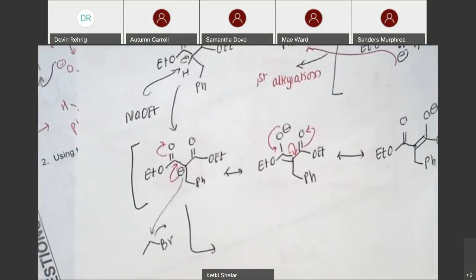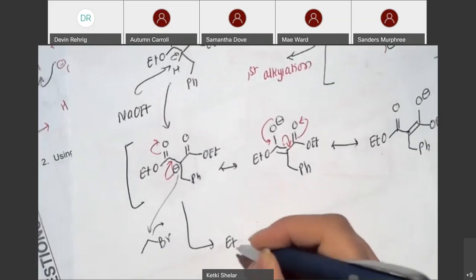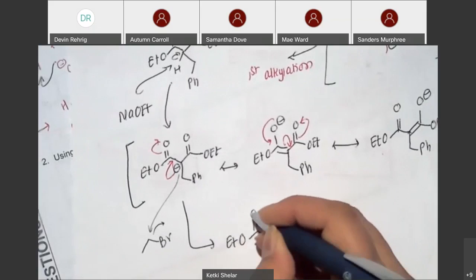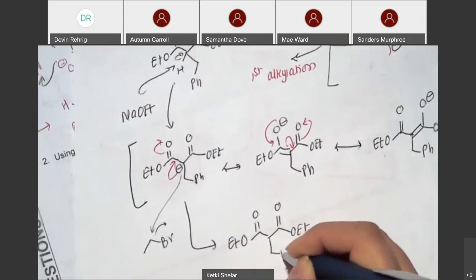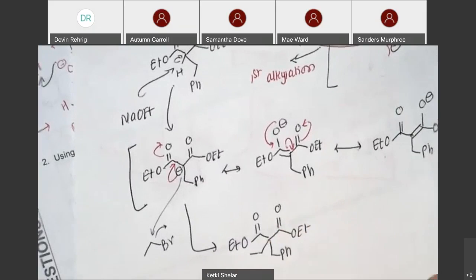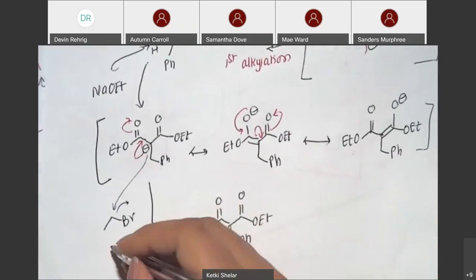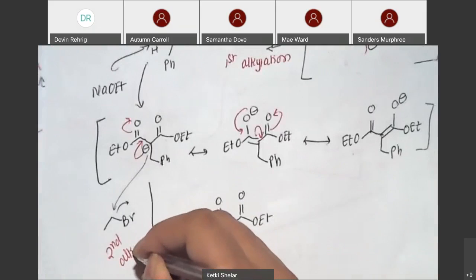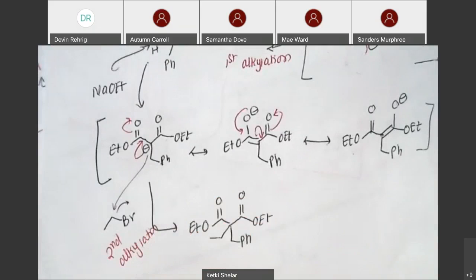And this would give you a structure like this. So this is known as the second alkylation. This mechanism which I'm writing is super important, okay? Because based on this, there are a few other questions which we are going to discuss after this.